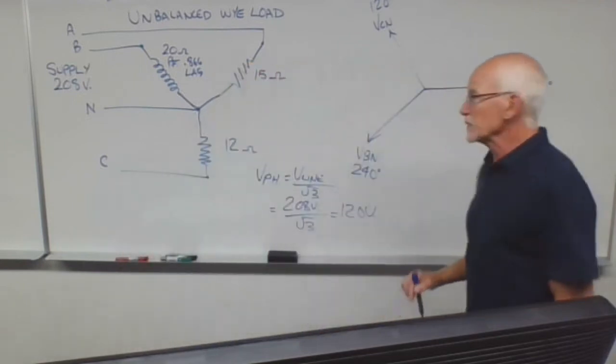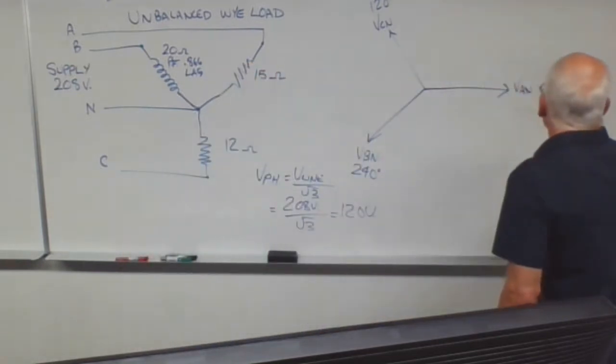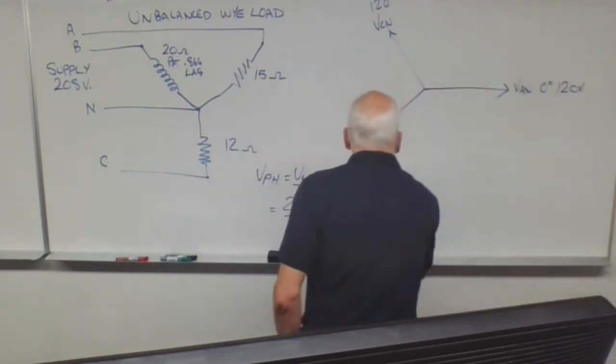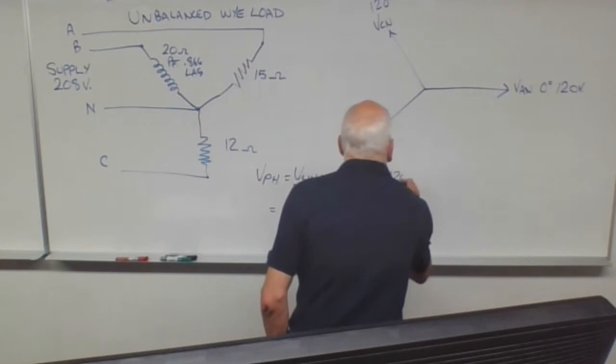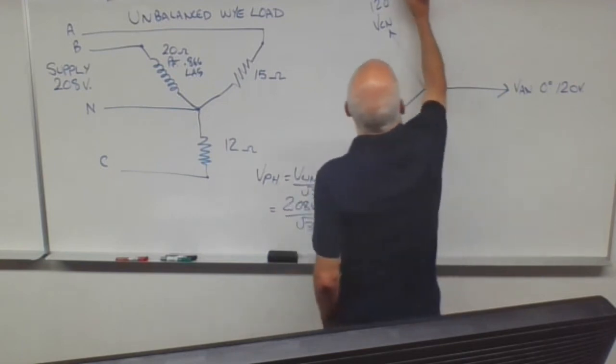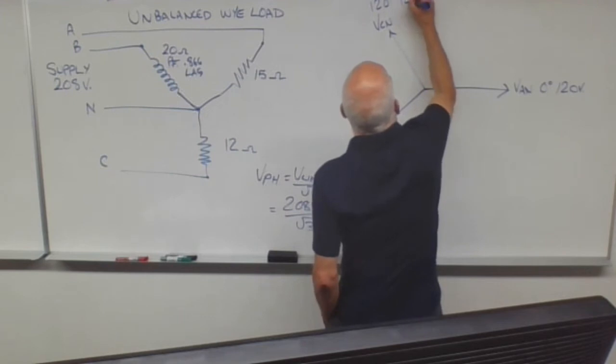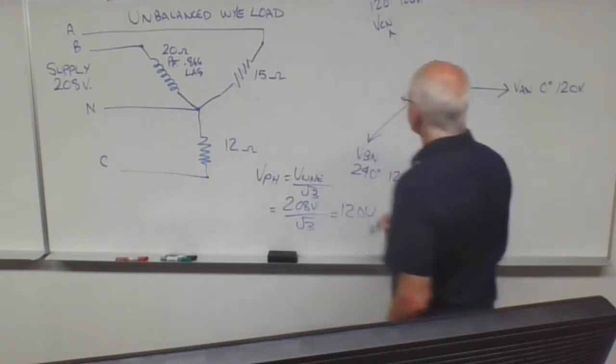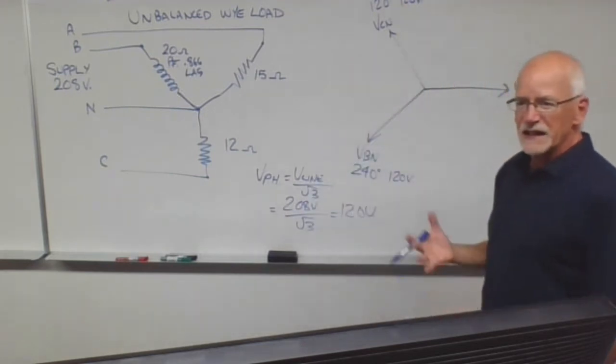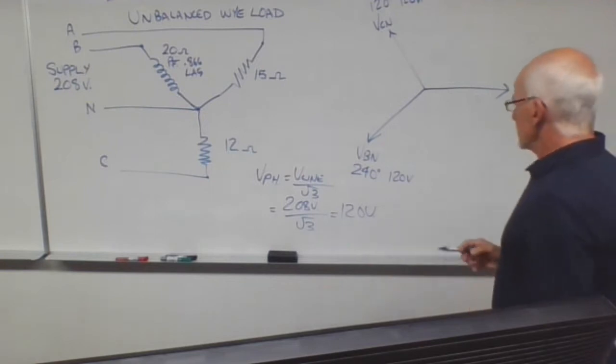So our voltage per phase is 120 volts. I could label that on my phasor diagram. So the three phases have the phase voltages on them.